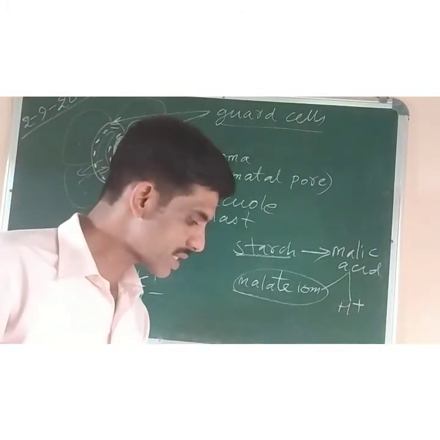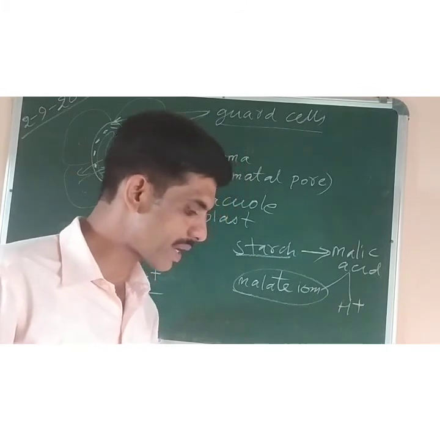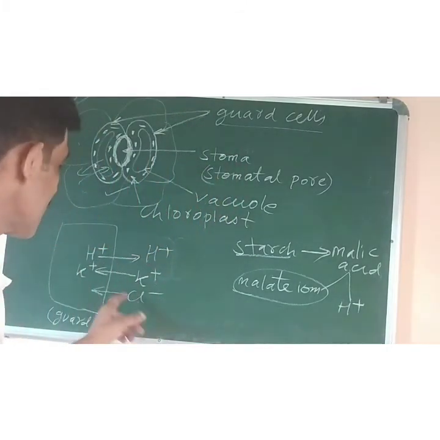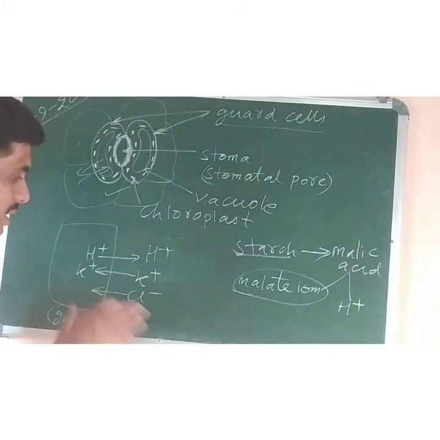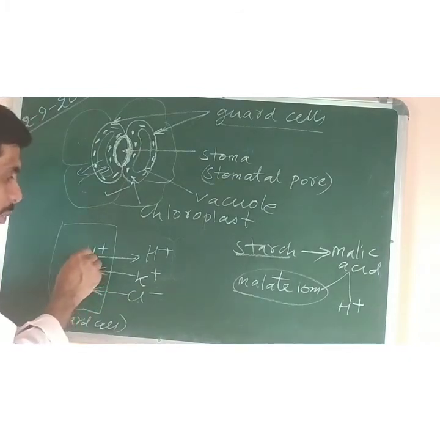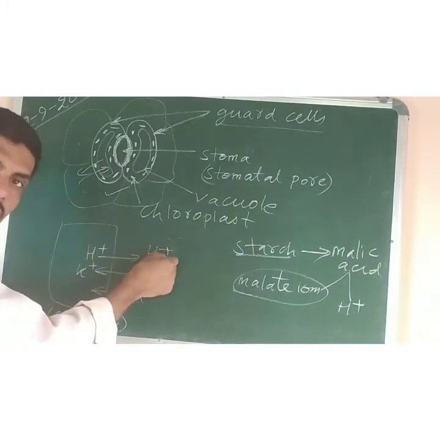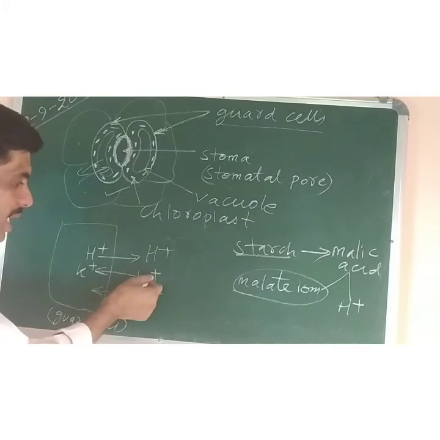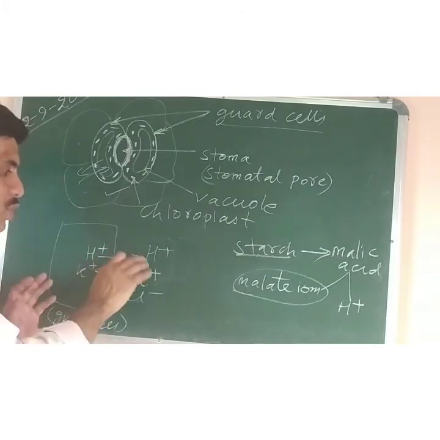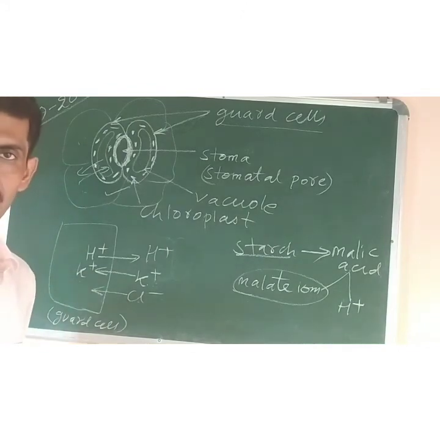In your book you can see the diagram, with Cl minus drawn inside the guard cells. Why does this happen? One positively charged ion moves outside the guard cell, so another positively charged ion goes inside to maintain the balance of positively charged ions.